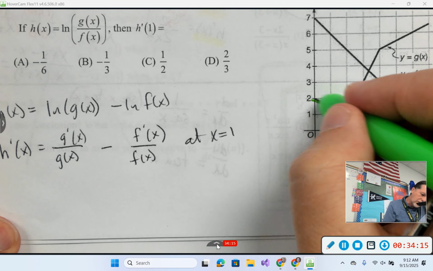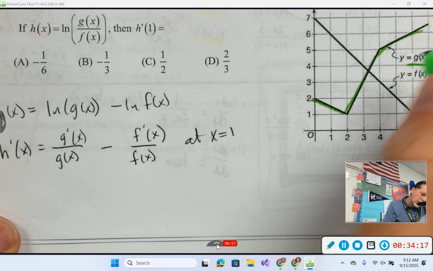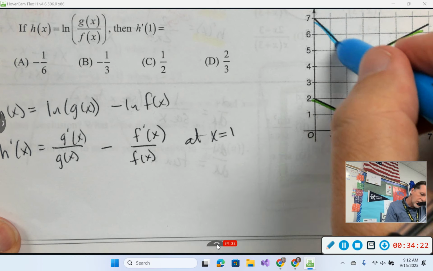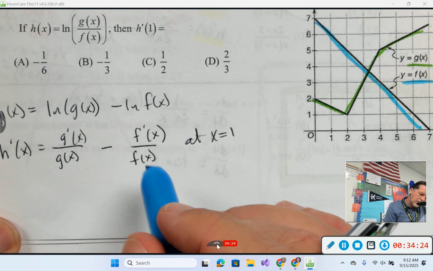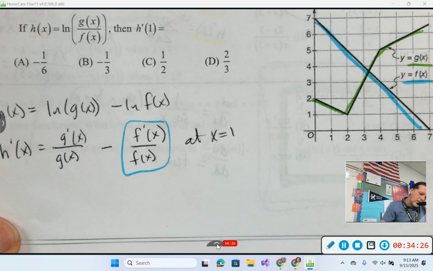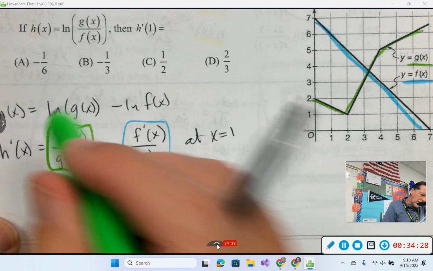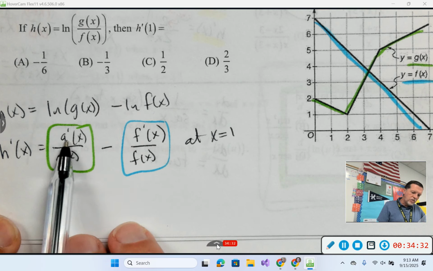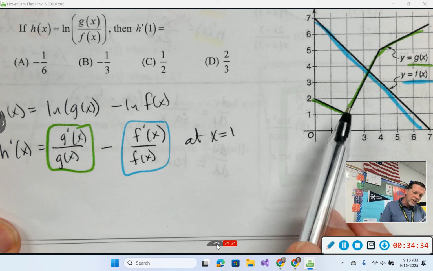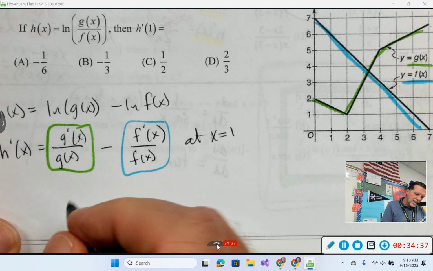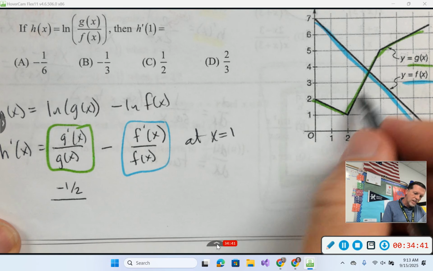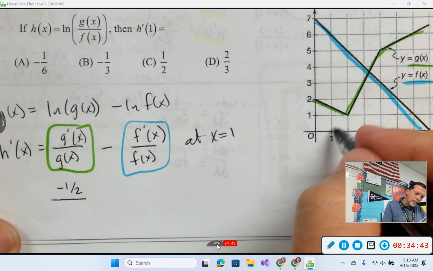Okay, here, so there's g. There's f. This is the blue stuff, g is the green stuff. This is me just trying to keep track of things. So g prime, that's the slope of the green line. That's negative 1/2. g of x is the y value.